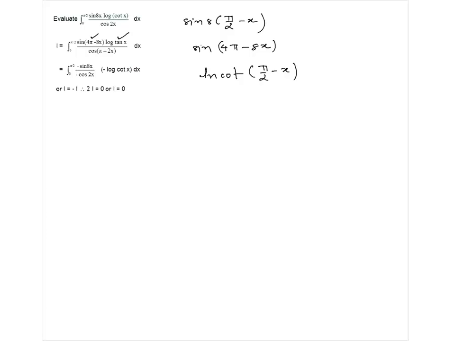And similarly cos of 2 a minus x becomes cos pi minus 2x. And when you convert log of tan to log of cot, 1 upon cot means minus log cot.